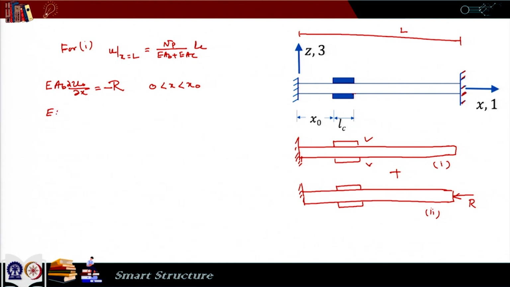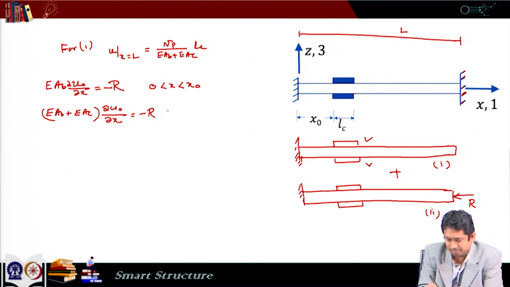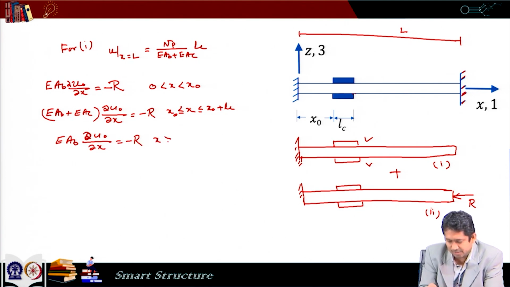And then EAB plus EAC del u 0 by del x is equal to minus r when we have x 0 plus LC, and again we have EAB del u 0 by del x is equal to minus r when we have x greater than x 0 plus LC.